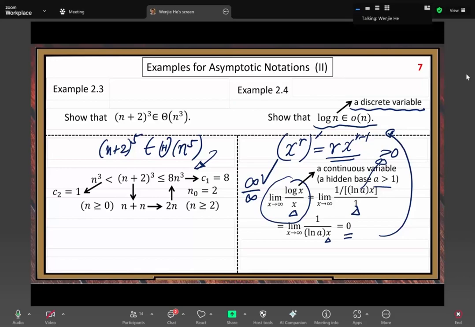For the continuous version, after we apply L'Hopital's rule, we agree the limit is 0. But the question is, how can you go from limit 0 for the continuous version to limit 0 for the discrete version?